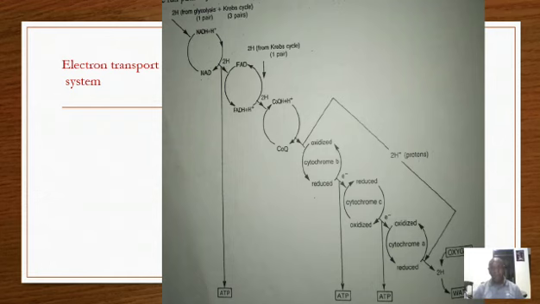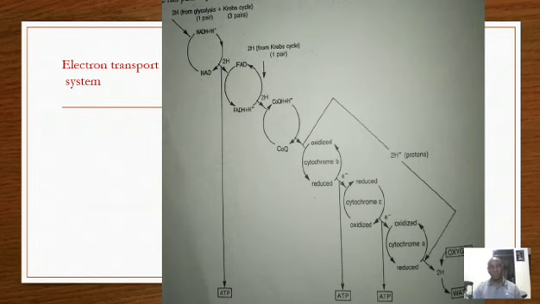When it loses the hydrogen atoms, it then forms NAD. In other words, NADH2 is oxidized to NAD. The 2 hydrogen atoms lost from NADH2 then pass to FAD, just like we are seeing, reducing FAD to FADH2.